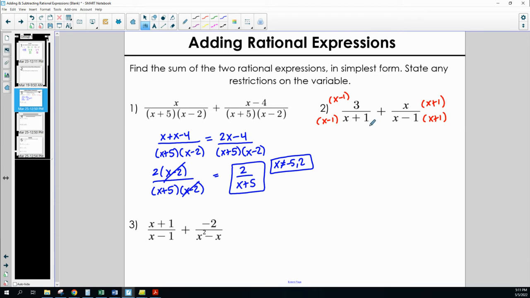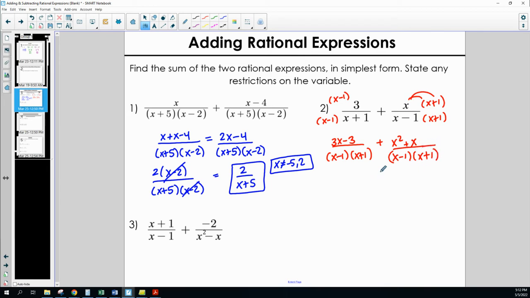Okay, so once we figure out that now the denominators are the same, we want to make sure that we expand the numerator. So we're going to take that 3 times x minus 1 and actually distribute that. So this is going to become 3x minus 3 over x minus 1, x plus 1, plus, and we're going to distribute the x, so x squared plus x, over x minus 1, x plus 1.